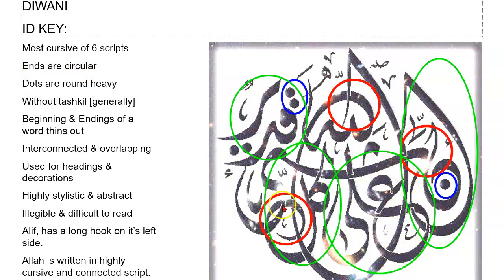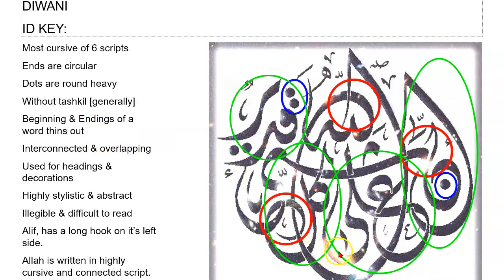Look at the green, right? So circular, oval, circles. Without tashkil generally, but the Quran, people would write Fatha and Kasra just to make it easy for people to read. Beginnings and endings of the word are thinned out. You could see that.